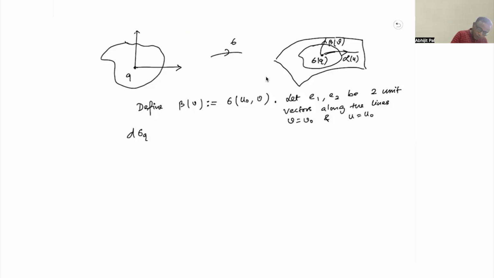So E1 is this unit vector here, and E2 is this unit vector.